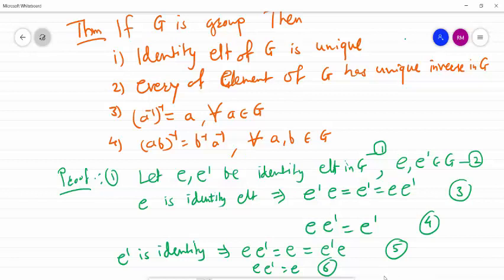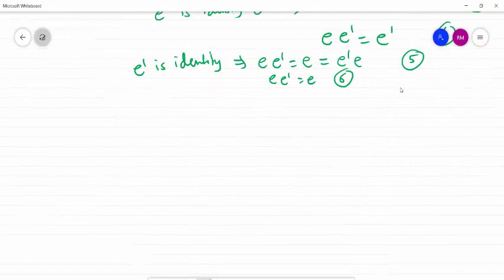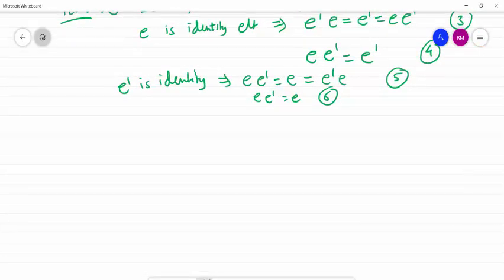So from 4 and 6, the right hand sides are equal, so the left hand sides must be equal, and this we want.